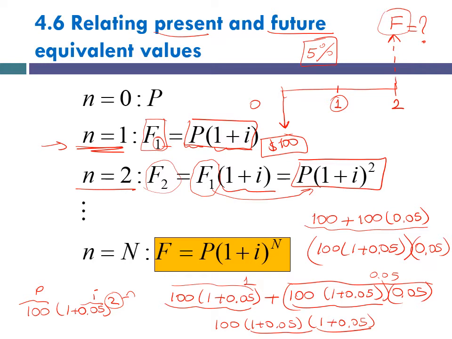And if you continue in this way for the third year, fifth year, and so on, and if you have in total n years, now you can easily say that the future amount that you will have at the end of n years will be equal to the principal amount multiplied by (1 plus i) to the power n.